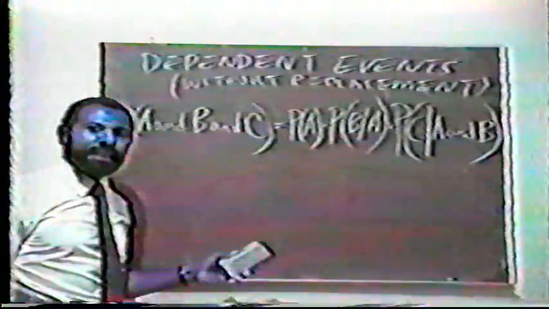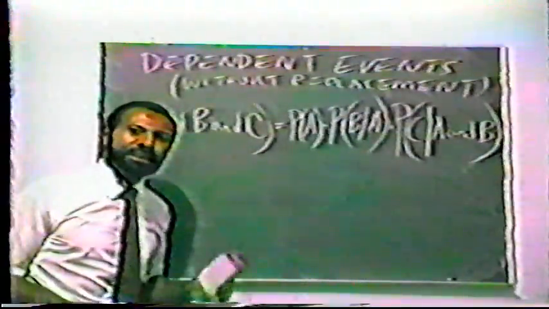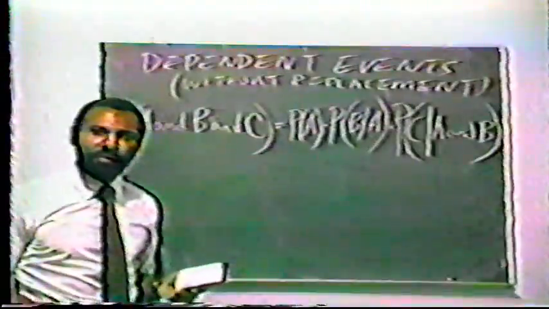And we can extend that even further to include 4 different events, 5 different events, and so forth.